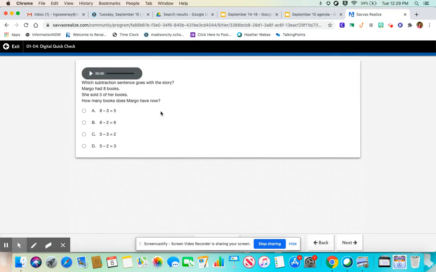Okay. This question says, which subtraction sentence goes with the story? Margot had 8 books. She sold 3 of her books. How many books does Margot have now? A, B, C, or D? Go ahead and mark your answer.